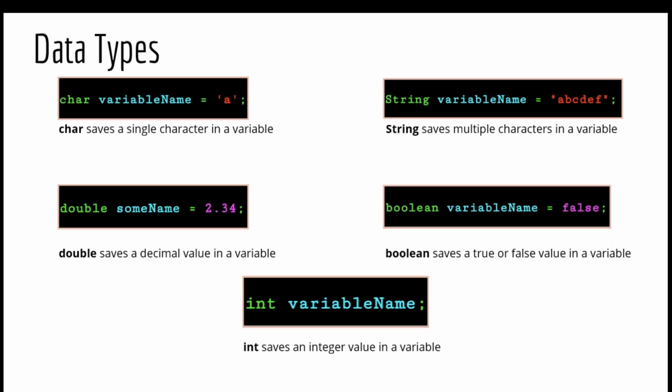So you can do a list of values, a list of alphabets, and you can just type those in double quotation marks, and you can save those to your variable.